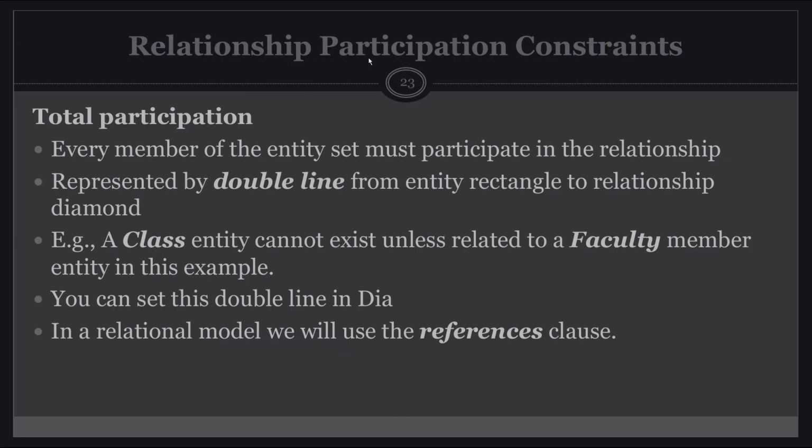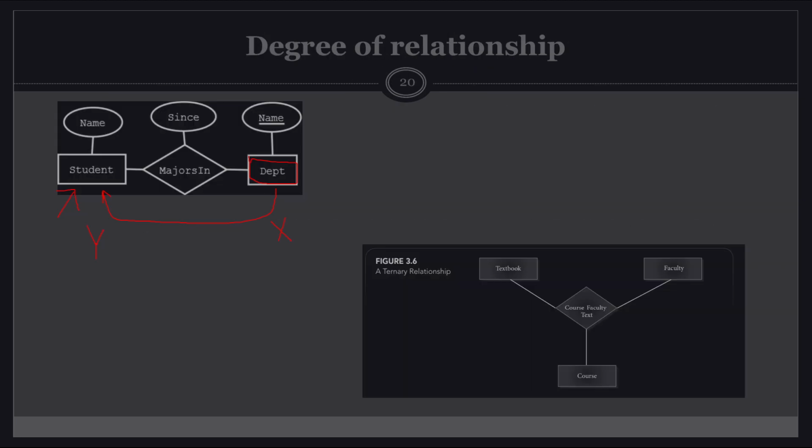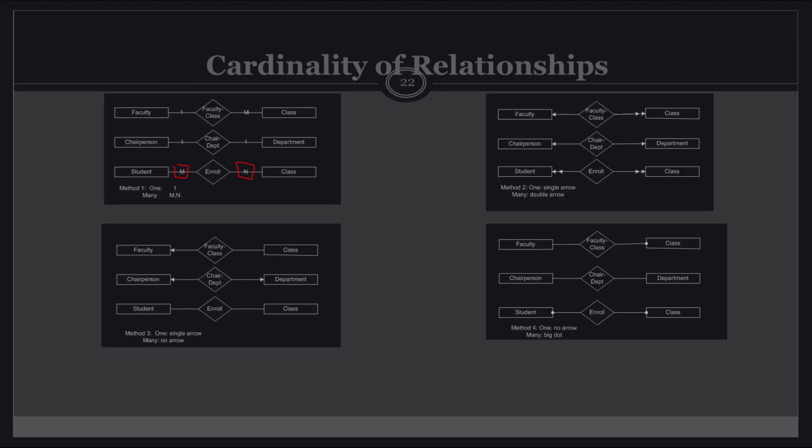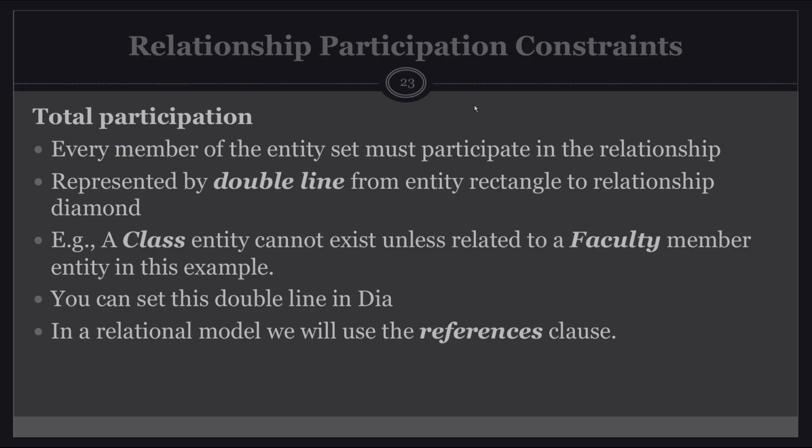Relationship participation constraints. Okay, now we covered the degree and we covered the cardinality. Participation now talks about the minimum number of relationship instances that a single entity needs to be participating in.